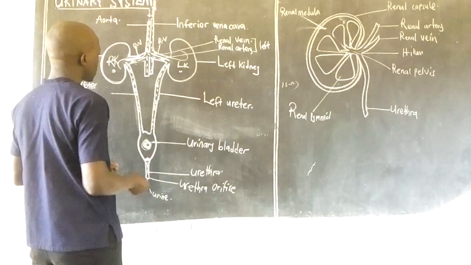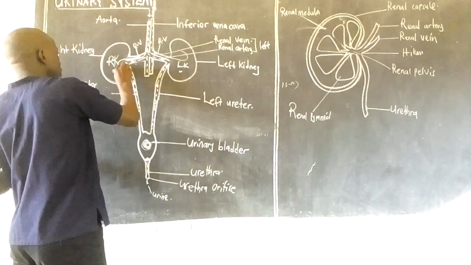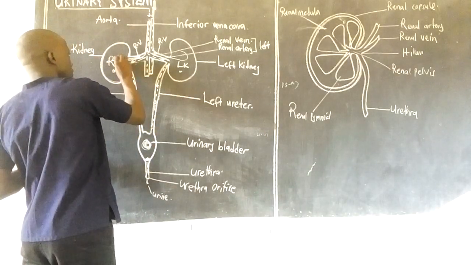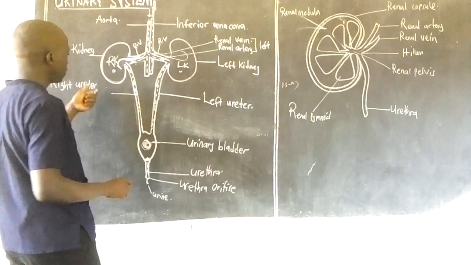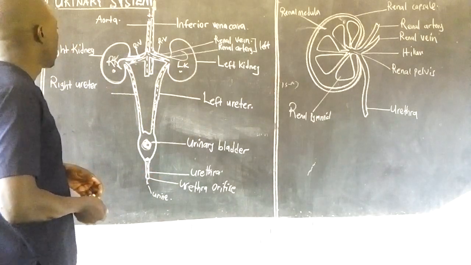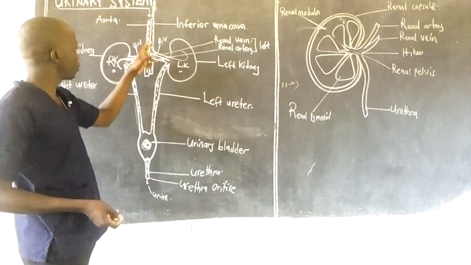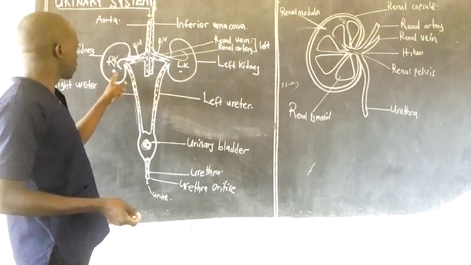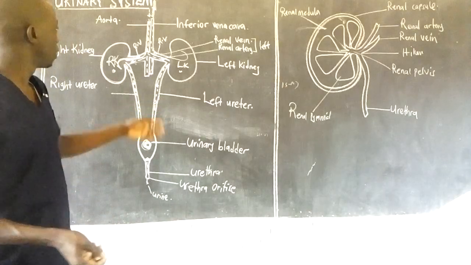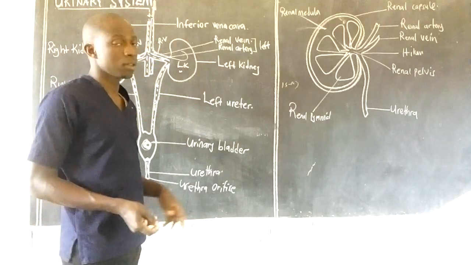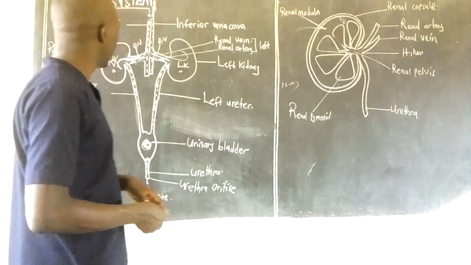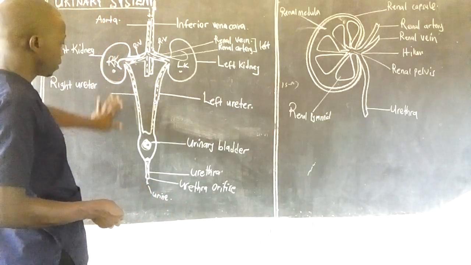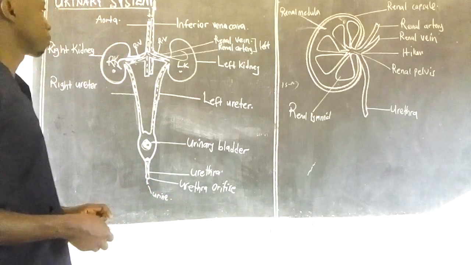The blood that remains is wanted or necessary for the body. It is used by the kidney cells and then brought back via the renal veins and taken through the inferior vena cava. That is how this system functions.